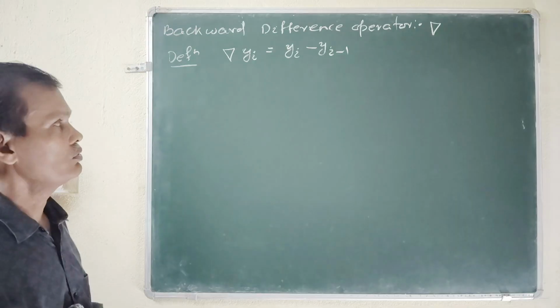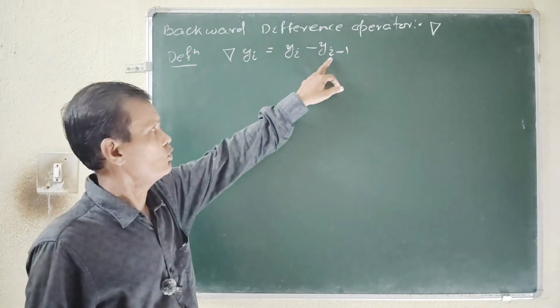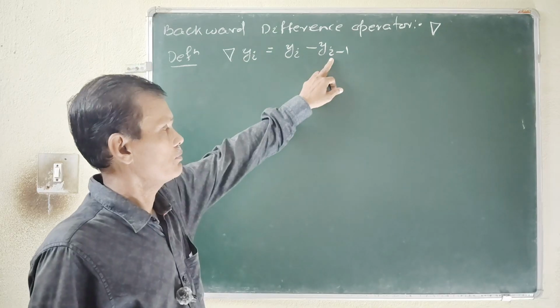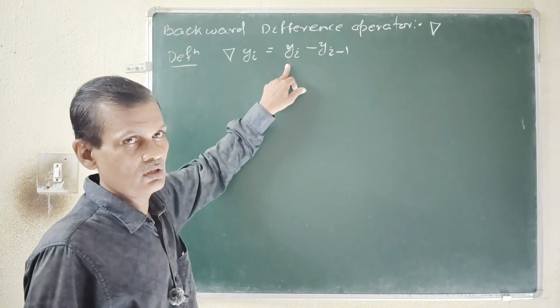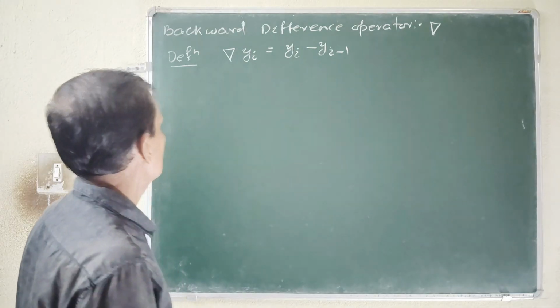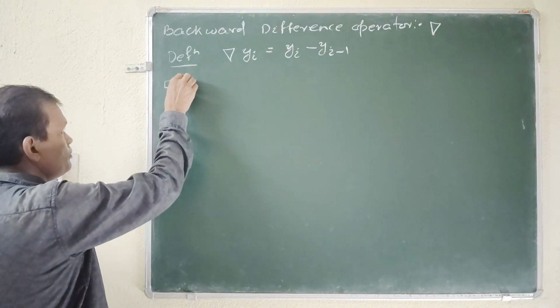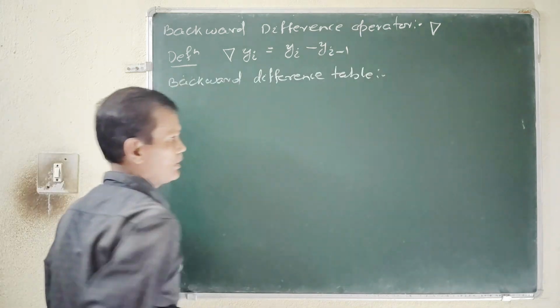Just recall the forward difference. In forward difference we use this notation, but in backward difference we use this notation, but the concept is the same: new minus old. So now you make the table, that is called the backward difference table.